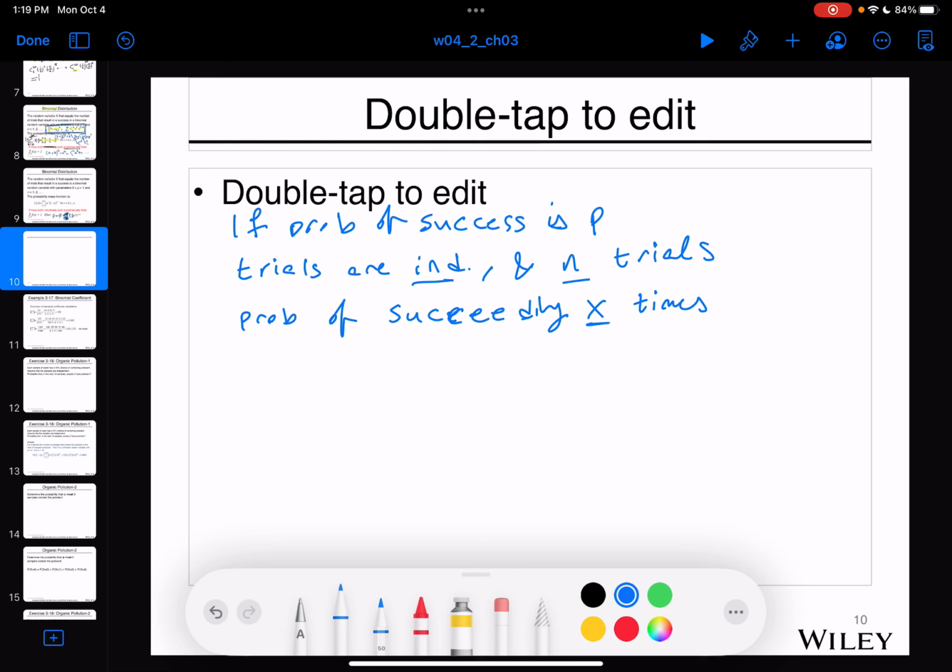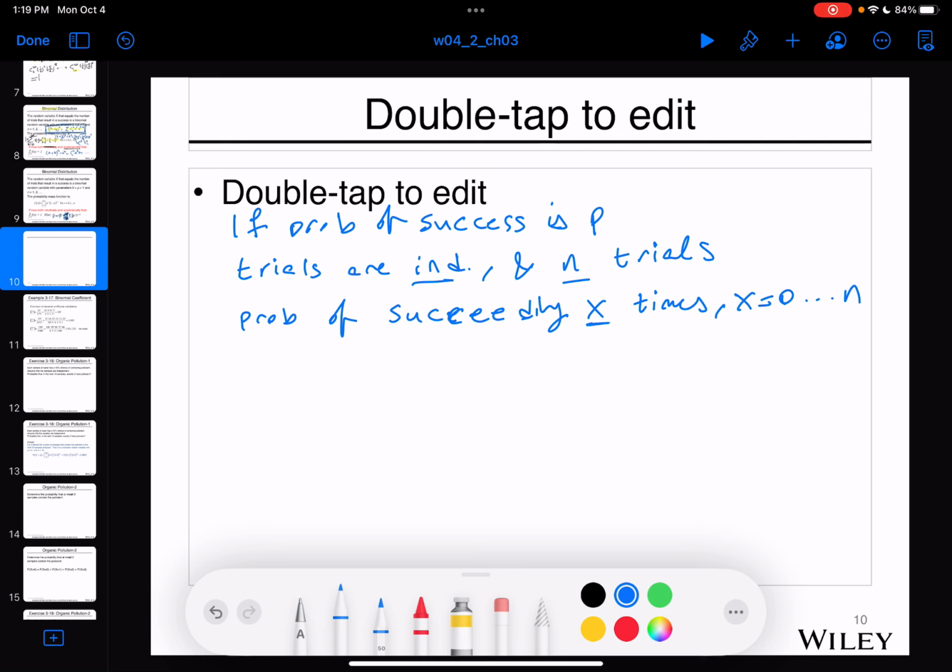X is defined as the random variable, right? So x can be 0 all the way to n, right? So we can succeed 0 times, once, or all the way to n times, right?